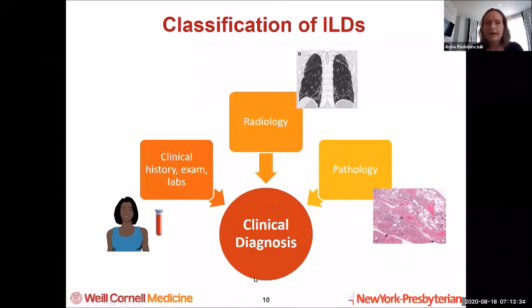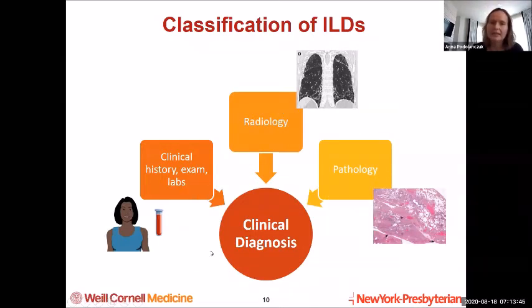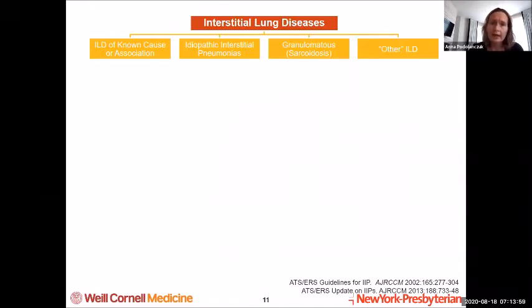And so you might have one type of diagnosis in mind when you see the patient, and an X-ray or a CT scan might suggest a different diagnosis, and pathology might suggest yet another diagnosis. But when I talk about the final classification, I really talk about the clinical, radiographic, and pathologic diagnosis, which is the final clinical diagnosis.